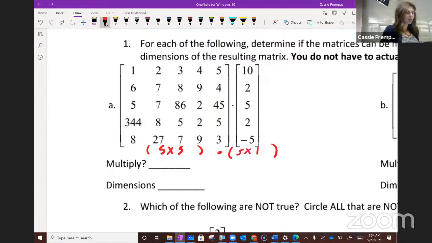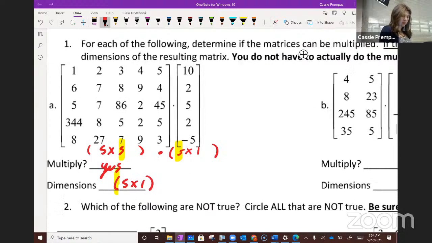Can you multiply, and why? Lainey: Yes, because the two middle numbers match. The columns of the first match the rows of the second. What are the dimensions of the resulting matrix? Cayman: 5 by 1. Awesome.